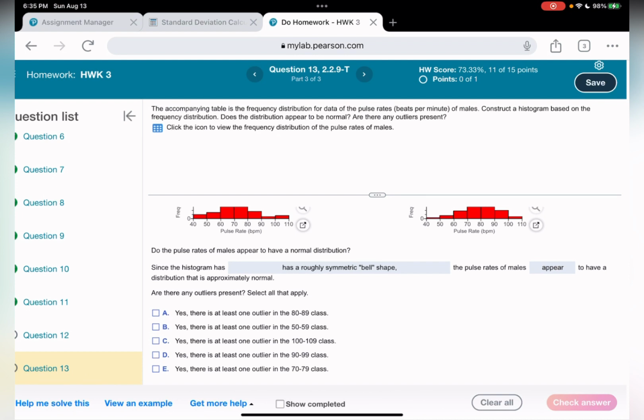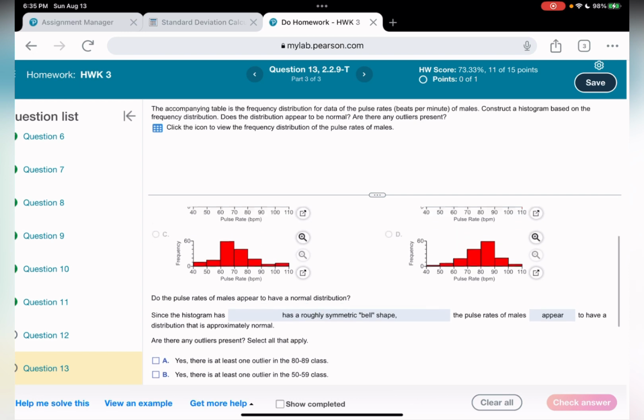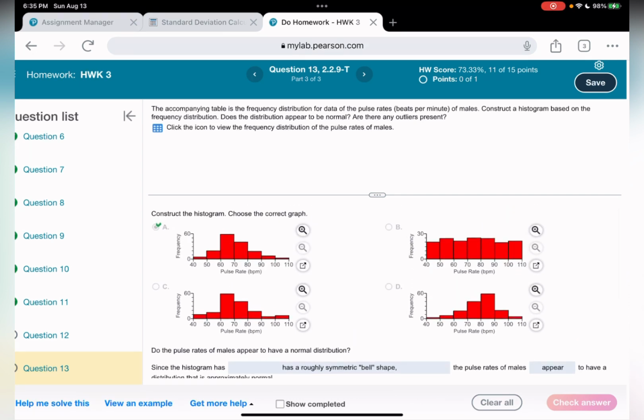Number 14. We still have some question I didn't notice there. Are there outliers? We're looking at our A. Do we have outliers? There is no drastic jump to a small number or drastic jump to a big number, right?